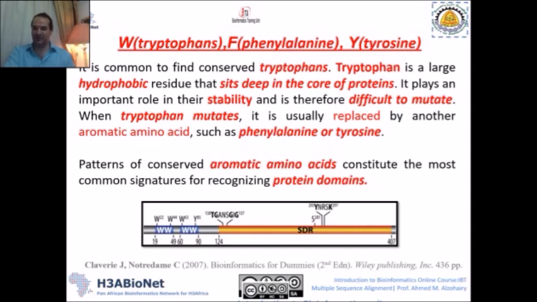So we can usually find them in the active sites of the protein. Even when tryptophan is mutated, it's replaced by aromatic amino acids such as phenylalanine or tyrosine, so this could be expected. That's why patterns of conserved amino acids constitute most of the common signatures for recognizing protein domains.